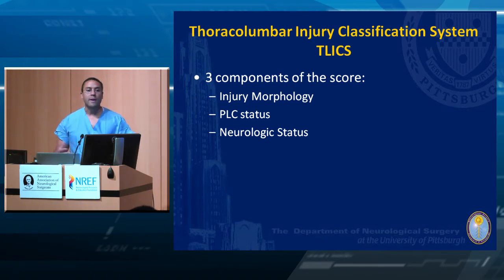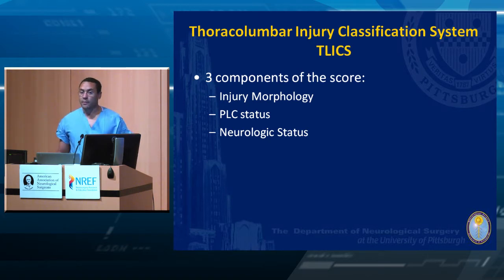And so in many ways, just like if you are on the phone and you describe a 37-year-old male who is in a motor vehicle crash who's a GCS 6, you have in 15 seconds alerted the person on the other end of that phone call that they're probably coming in to do an operation, right? And if you tell someone that you have a 27-year-old who fell off a roof and is a T10 ASIA A, you probably understand that you're going to be coming in to operate on that person as well.